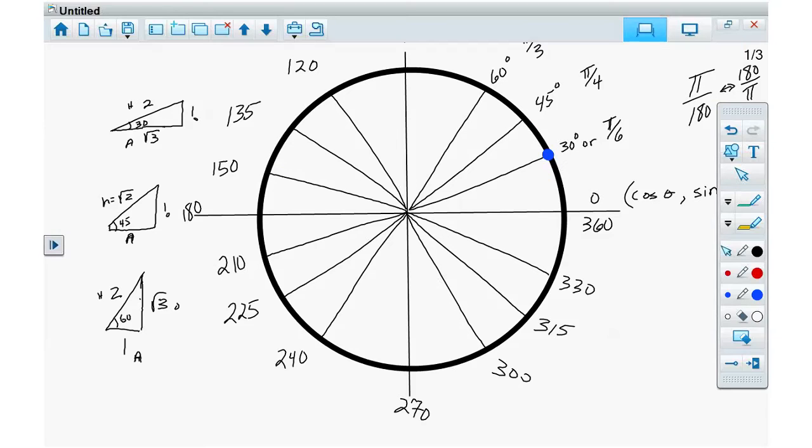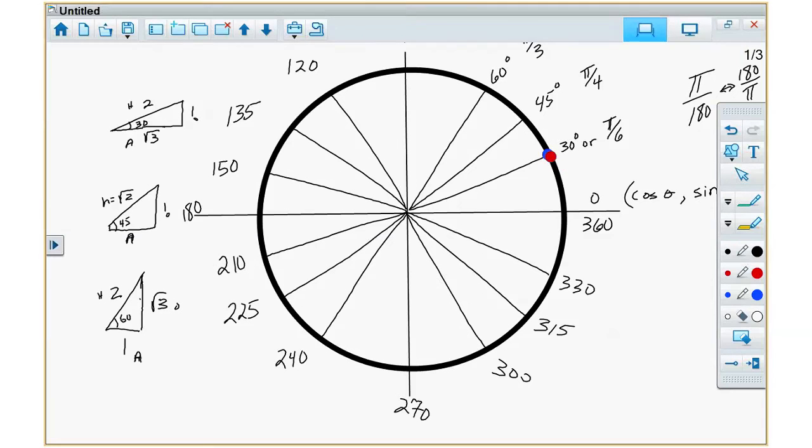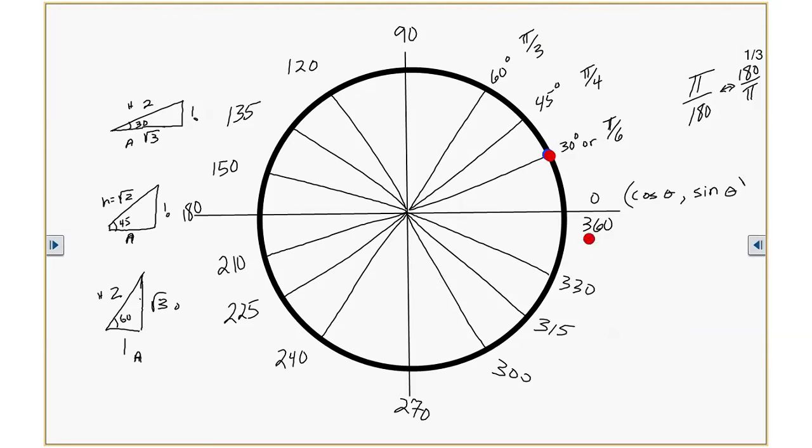So let's call this the starting point, and we'll color it red. There's the ending point. That red dot represents pi over 6 plus 2 pi, or theta, whatever theta is. Can you associate that with every single angle? Yes.